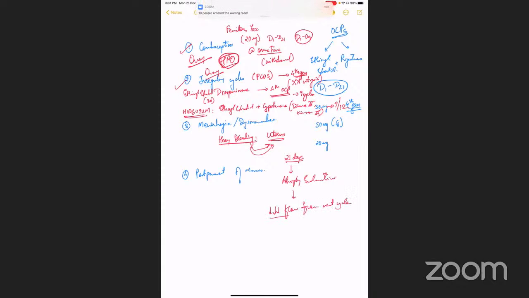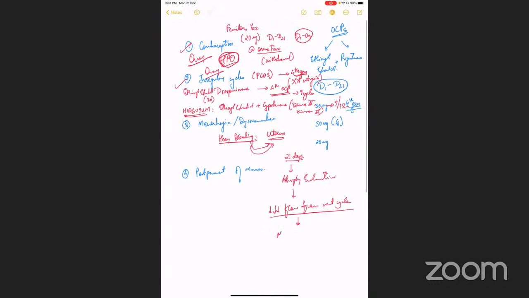That is the mechanism of action of using OCPs in heavy bleeding. Because the bleeding has gone down, the pain during menses has also gone down, and that helps in controlling your menorrhagia as well as dysmenorrhea.